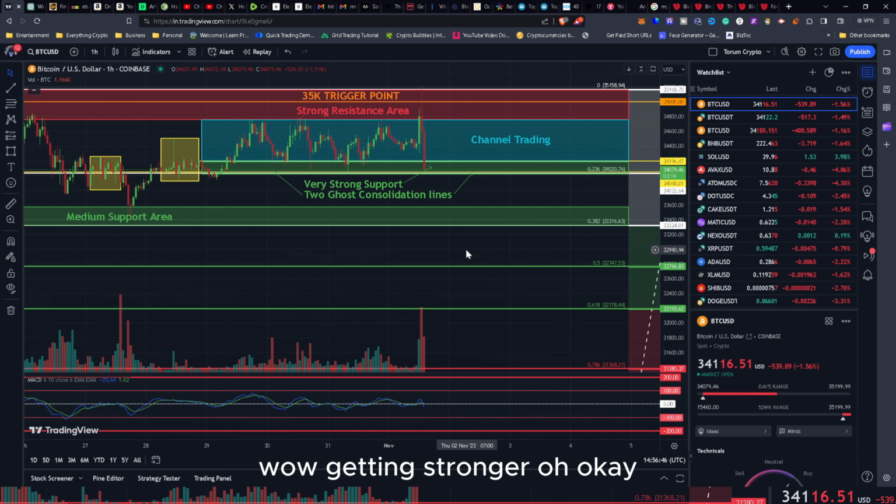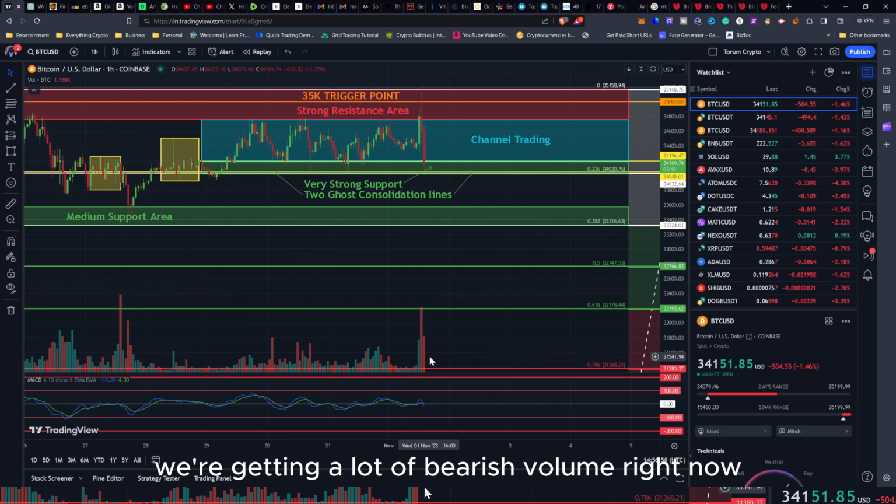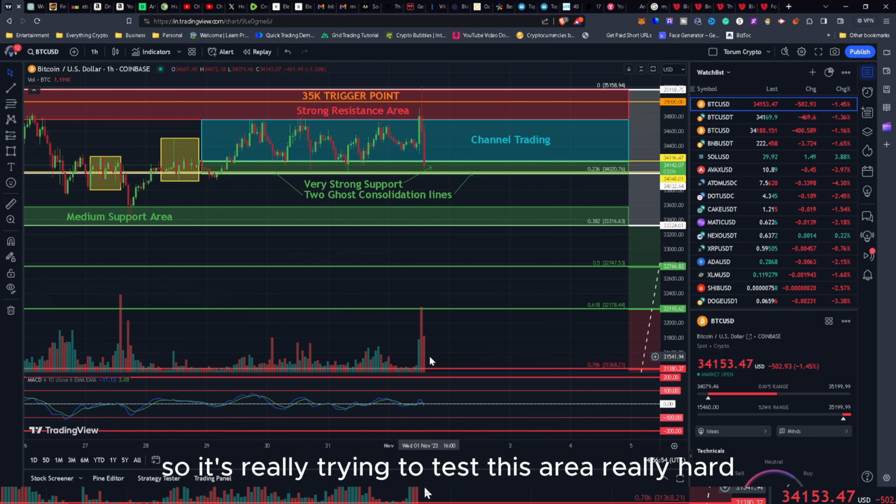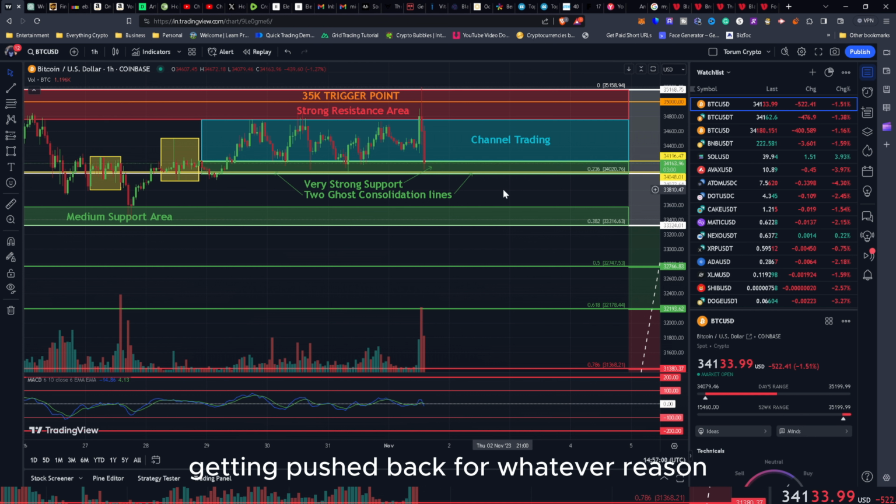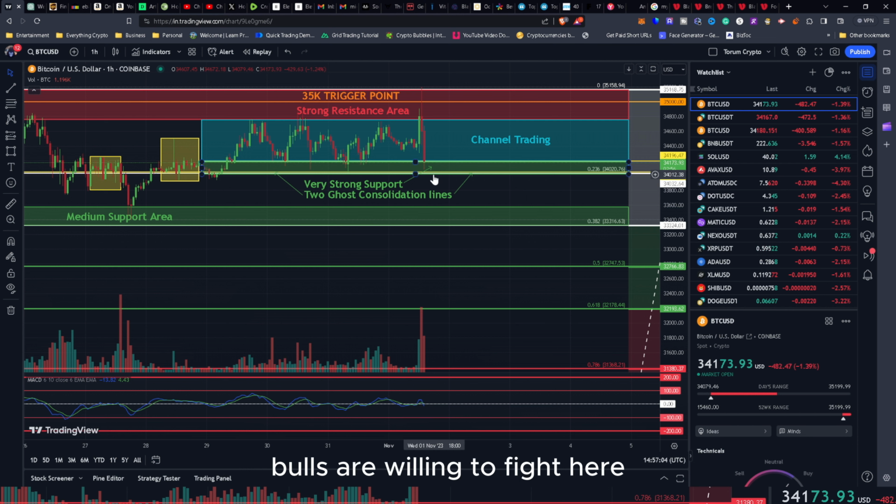Wow, getting stronger. Okay. We're getting a lot of bearish volume right now. So it's really trying to test this area really hard, getting pushed back. For whatever reason, bulls are willing to fight here. Institutions are willing to fight here.